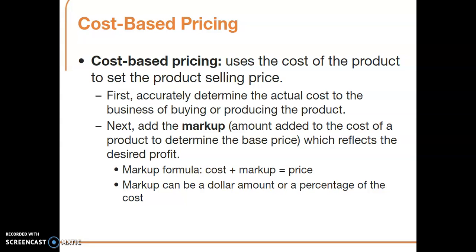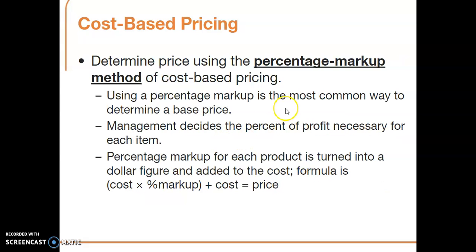A markup is the amount added to the cost of the product to figure out what the base price is going to be, and that's going to reflect the desired profit. So here, the markup formula would be cost plus the markup gives you the base price. And you can do the markup by either just taking a regular dollar amount or a percentage of the cost.